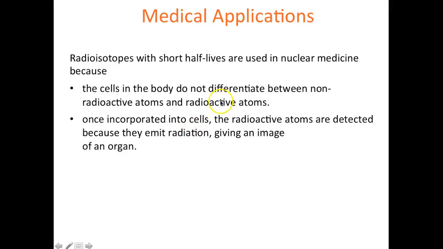In the body, the cells do not differentiate between the iodine which is not radioactive and the iodine which is radioactive. Once those thyroid cells have taken up that iodine, the presence of the radioactive iodine is detected because it's emitting radiation from those cells, and then you image the thyroid organ.